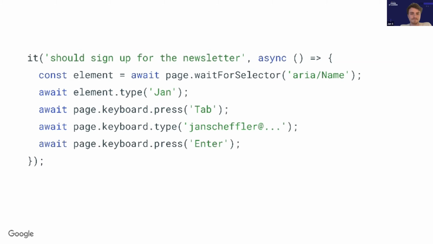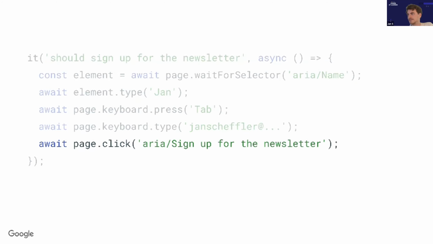That's easy, right? Instead of hitting enter, there's also the possibility to just click on the submit button. So in this case, I decided to not select the element first and then call element.click on it, but instead just directly use the page.click function and pass it the selector, and this will then do the work for me.